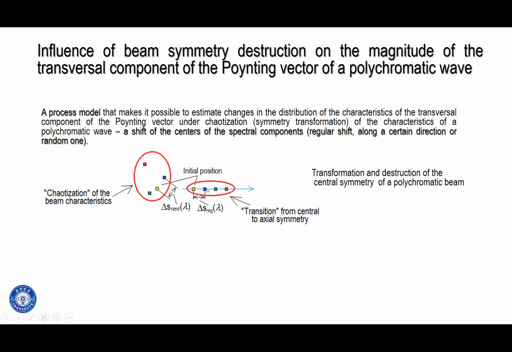Such a shift may be regular, along one direction, a transformation of symmetry from axial to axial, or from central to axial one, or it may be chaotic.